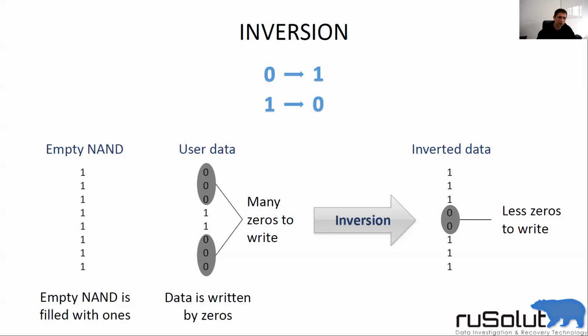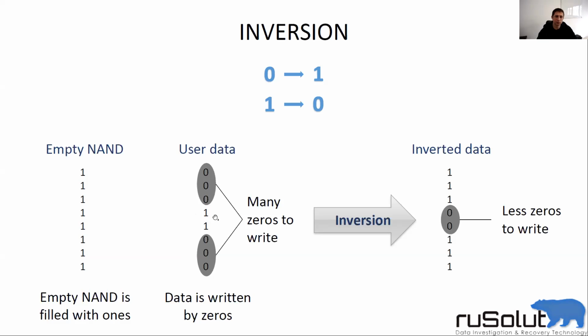And another thing is that user data statistically has more zeros than ones. So there are more zeros. And when it comes to writing user data into empty NAND, we may realize that if we write original user data into empty NAND, so we write those zeros into ones, we will have to change the state of a lot of memory cells, because we have a lot of zeros.